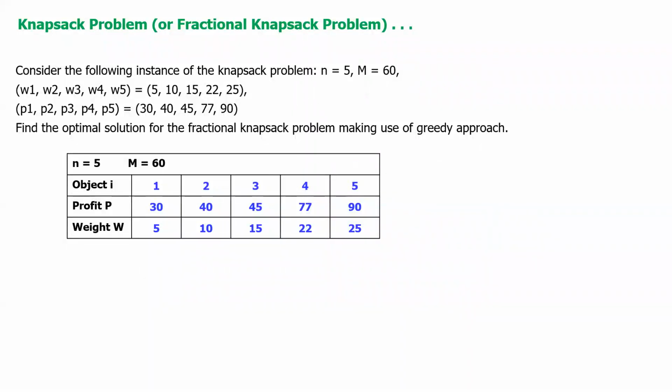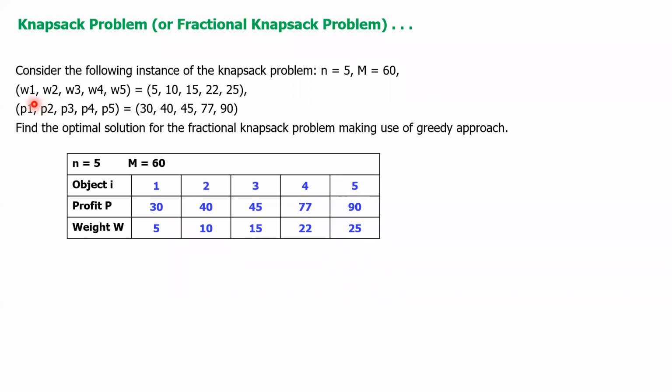You can see another example of an instance of a knapsack problem. The number of objects given is 5. The capacity of the knapsack is 60.